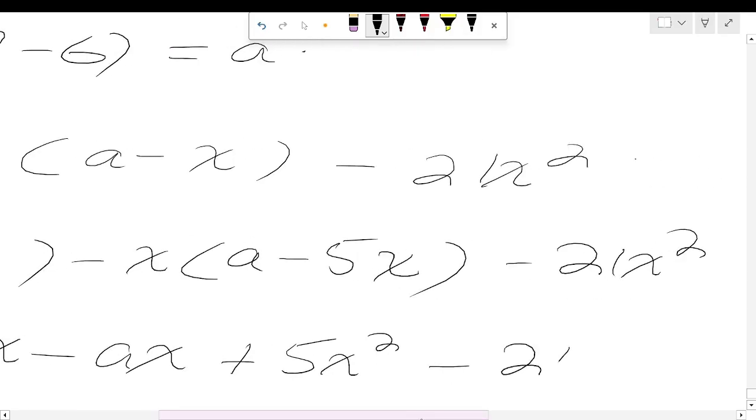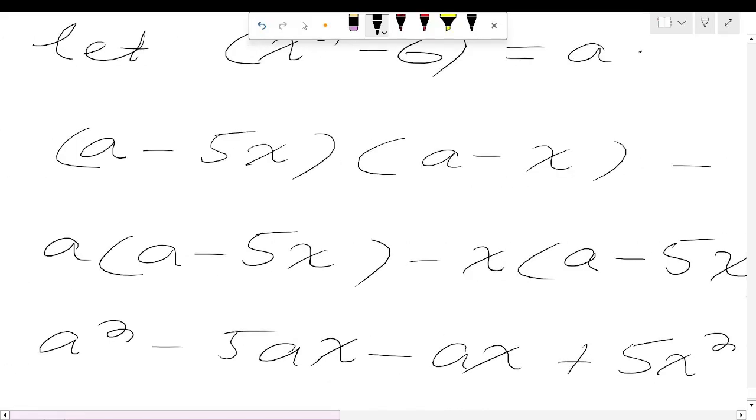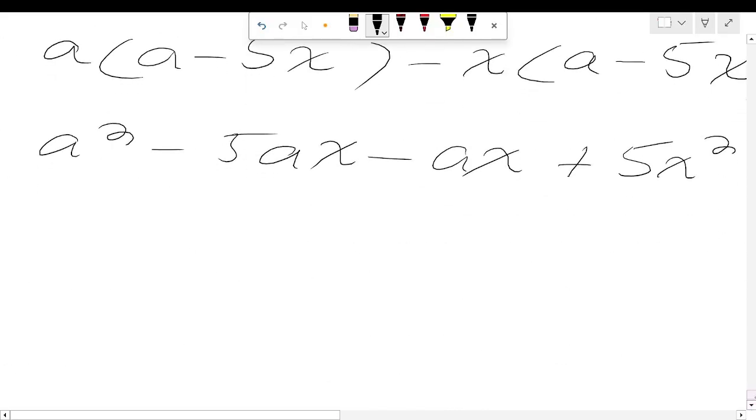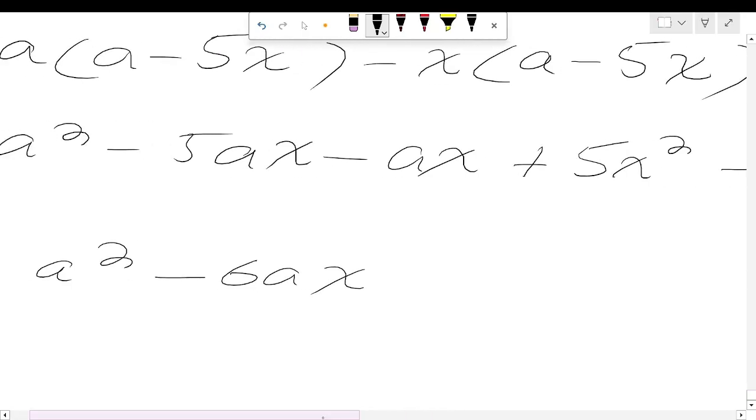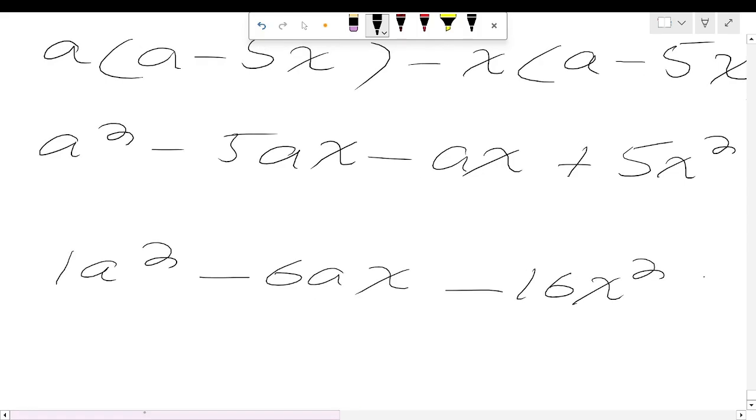Then I'll write 21x square here. Okay, now I write a square and then 5ax with ax, so that will be minus 6ax, and then we have 5x square subtracted from 21x square. I'm aware that it is 16x square. So here we have the quadratic expression, which is 1a square minus 6ax minus 16x square.